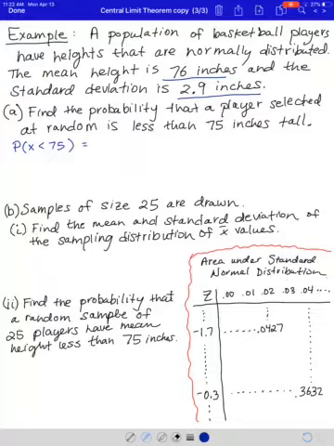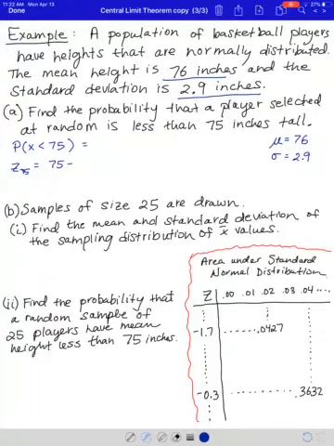So the way we're going to find this probability is similar to how we were doing in the previous assignment, assignment 10. So first thing we need to do is find the z-score. So z sub 75 is 75 minus the mean. Oh, and let's go ahead and write down our information here. Our population mean is 76, and our standard deviation is 2.9.